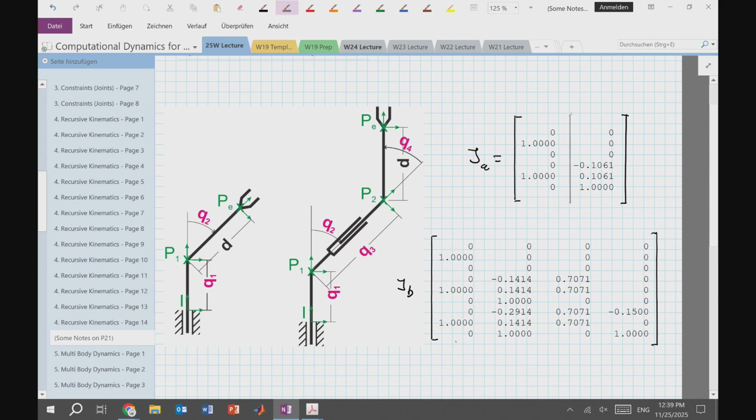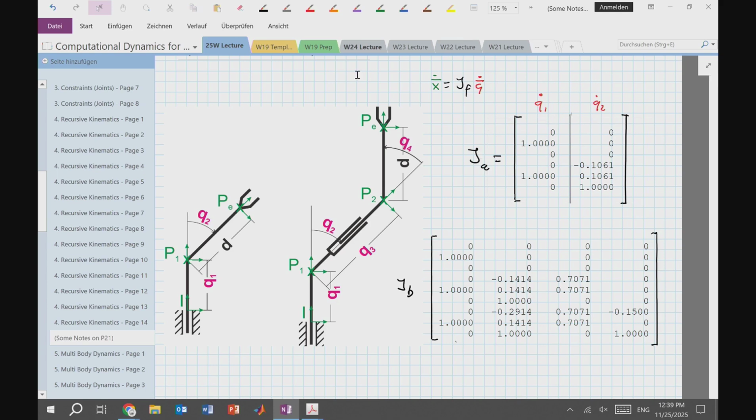In a Jacobian I have multiple columns, and each column is associated with a joint velocity. In the end, we have this equation x dot equals Jacobian times q dot. So each column will be multiplied with a particular velocity: the first column with q1 dot, the second with q2 dot. That's the structure in the columns.